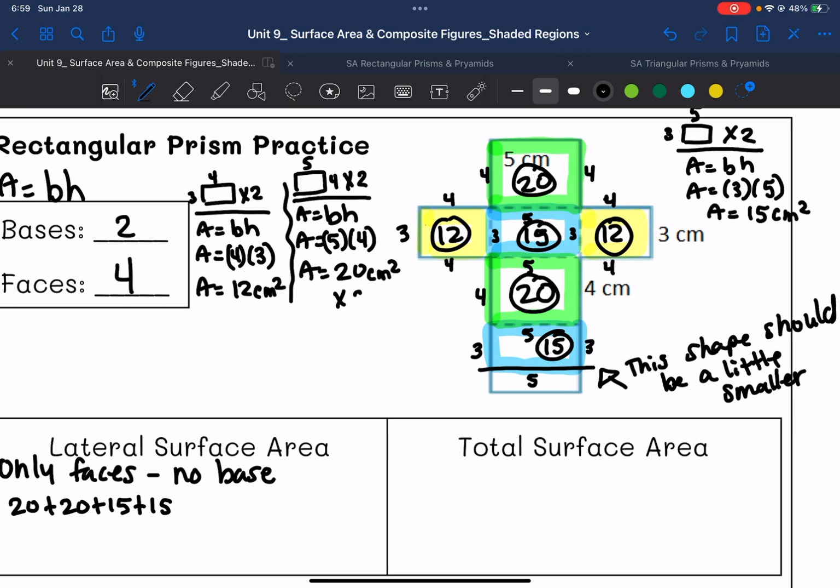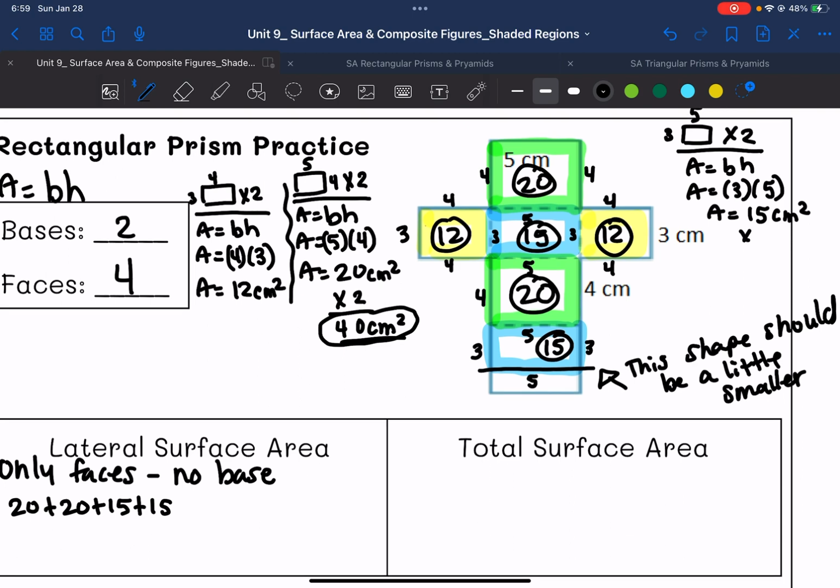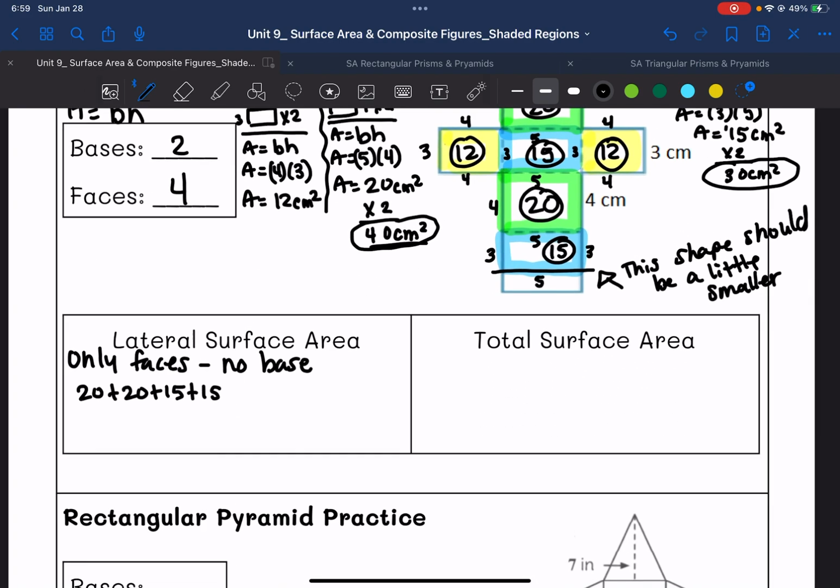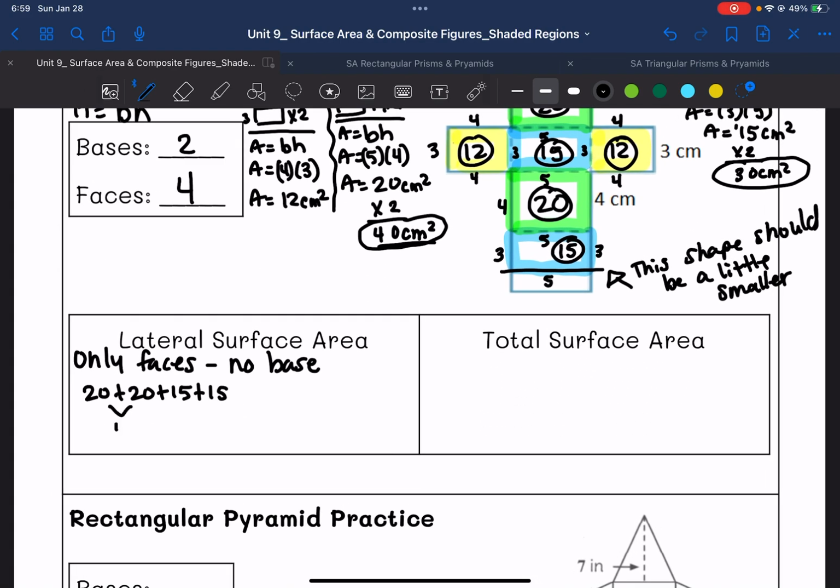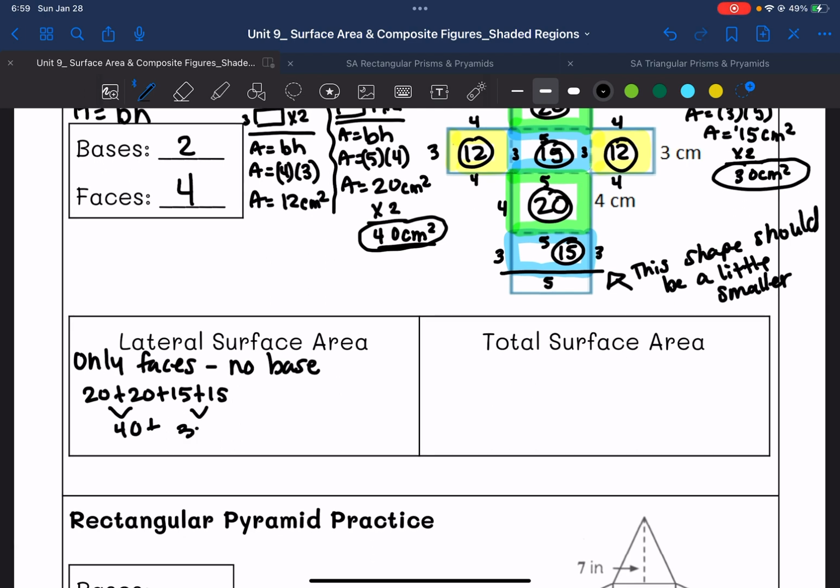We're going to multiply that by 2, so that is 40. This is going to be one of the ones that you're going to add for your lateral surface area. Then we're going to do this one too. 15 times 2 would be 30 centimeters squared. And here's another one. So all we have to do is do 40 plus 30, which is going to give us 70 centimeters squared.